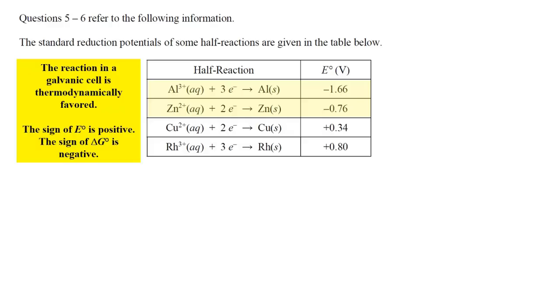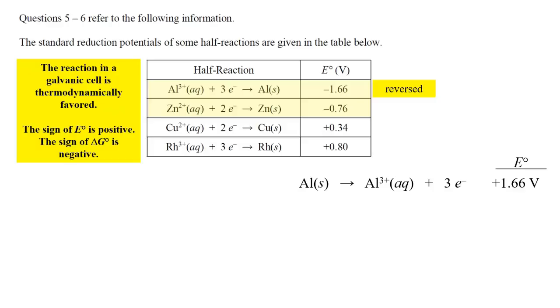Well, hopefully you can see that with a negative 1.66 volts, if I reverse that particular half reaction, that will become positive 1.66 volts. So now I've reversed the aluminum half reaction, putting solid aluminum on the left and aqueous aluminum ions on the right. So again, that's positive 1.66 volts.